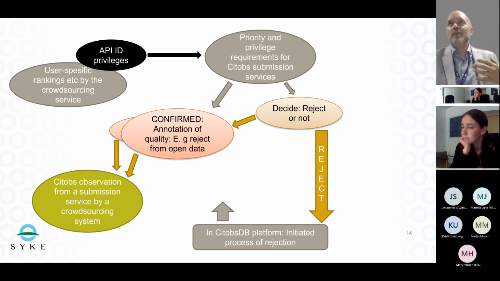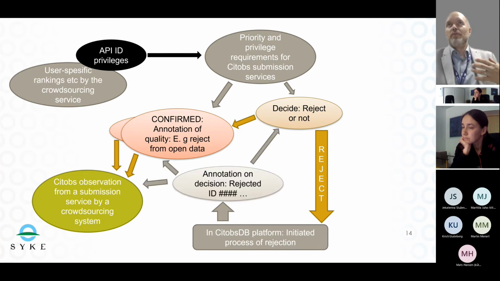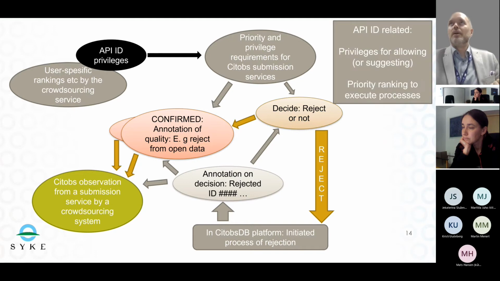And then there will be also a system of annotating how this was done and because of which inputs. I will not go into detail on this one, but this is a system that was outlined for further development of the CSEPIN. I wonder if there's any comments or questions on this so far.